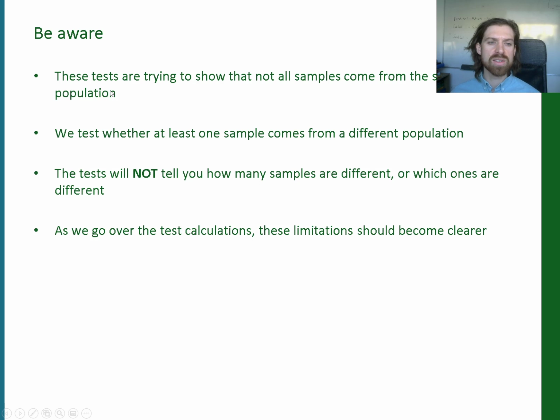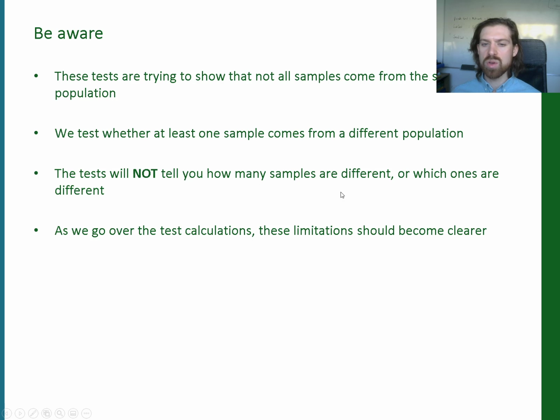So the caveats are that the tests, as I mentioned before, are trying to show that not all the samples come from the same population. And we test whether at least one sample comes from a different population, but that doesn't mean that the test tells you how many different samples the populations could have come from.